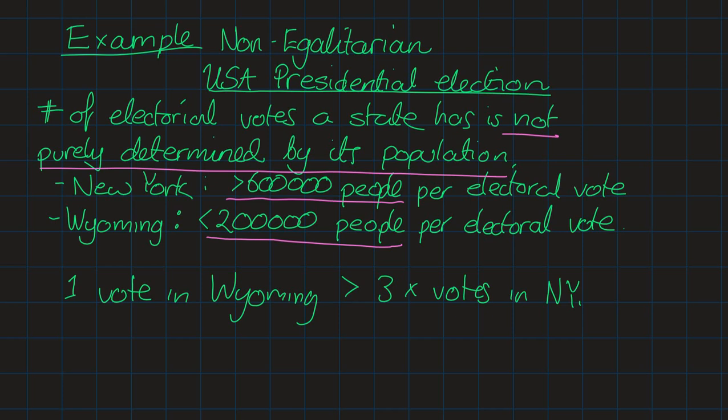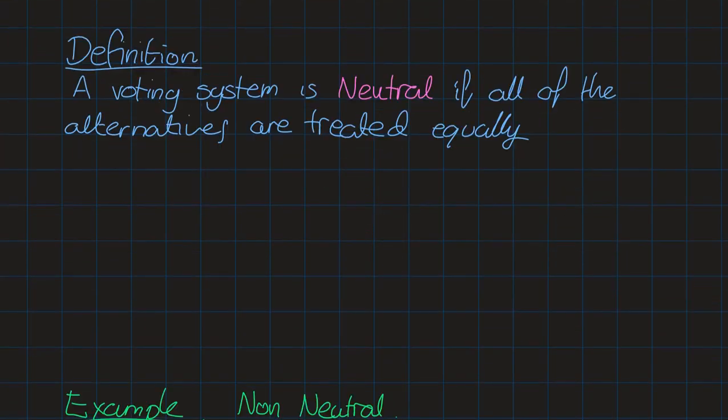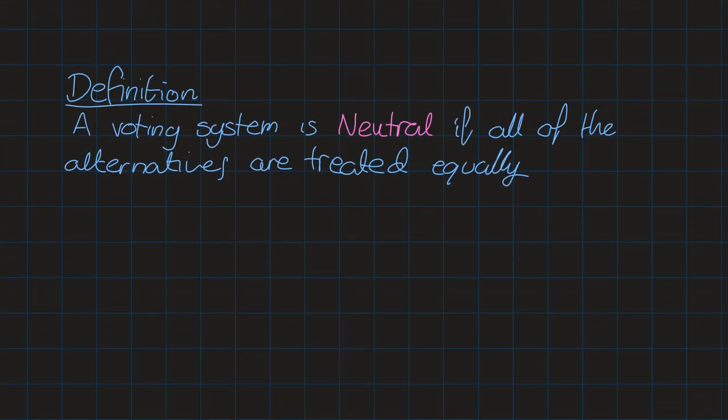Okay, the next fairness principle I want to talk about is something called neutral. A voting system is neutral if all of the alternatives are treated equally. This is like the dual to egalitarian. Egalitarian says all the voters are treated equally. Neutral says all the alternatives are treated equally.